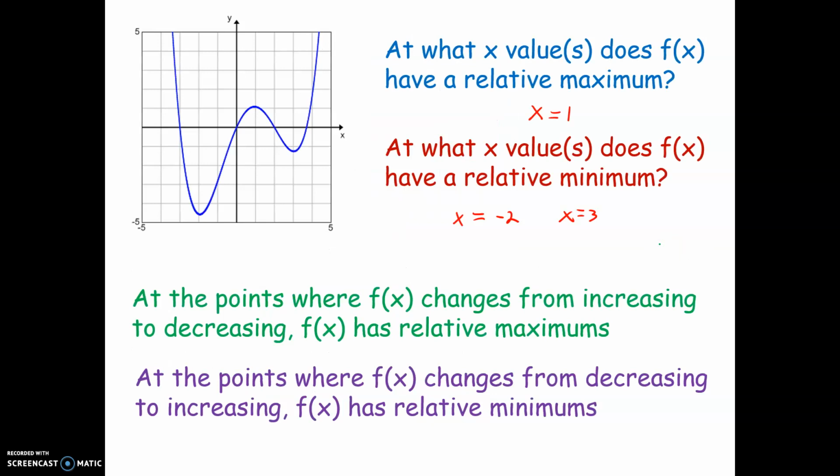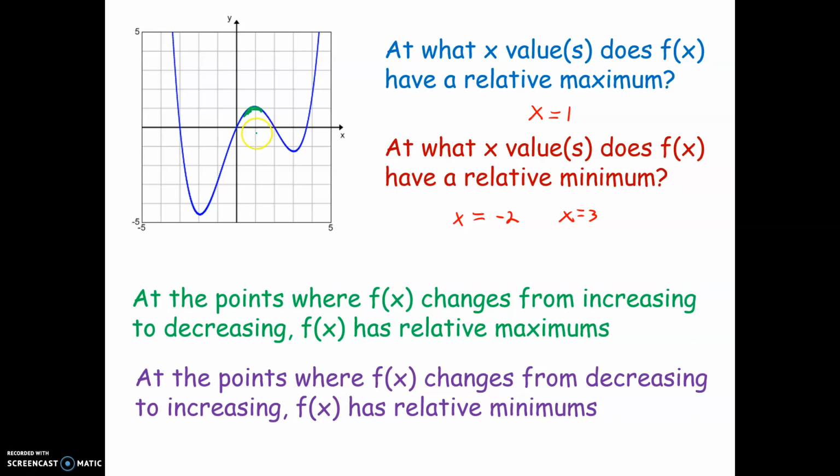Okay, more of this kind of stuff. At what x value or values does f of x have a relative maximum? A relative maximum means that it reaches a peak, like a mountaintop, like over here. It's a relative maximum because you could have other spots like that on the graph. It might not be the highest. It comes to that peak, but it might not be the greatest peak of the whole graph.